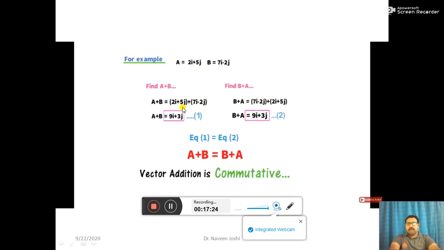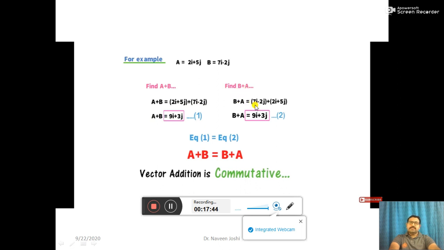Add ith components: 2i plus 7i gives 9i. Similarly, jth components: 5j minus 2j gives 3j. Therefore A plus B gives the new vector 9i plus 3j. Take it as equation 1. Now go for the B plus A calculation.